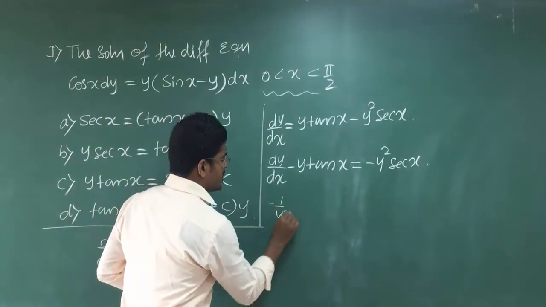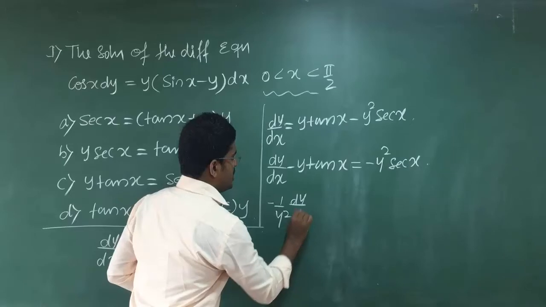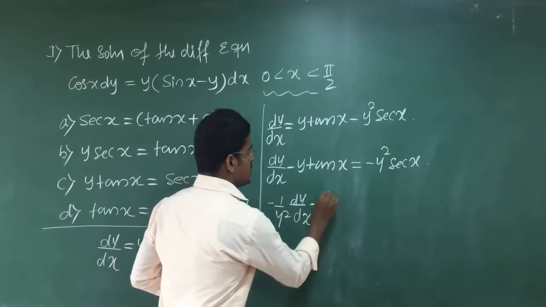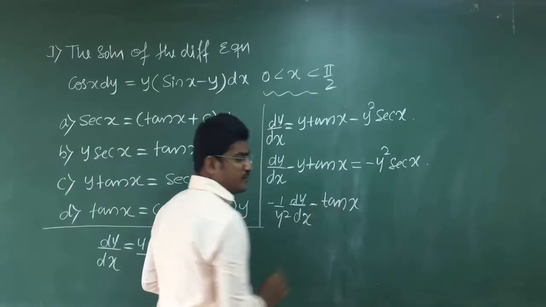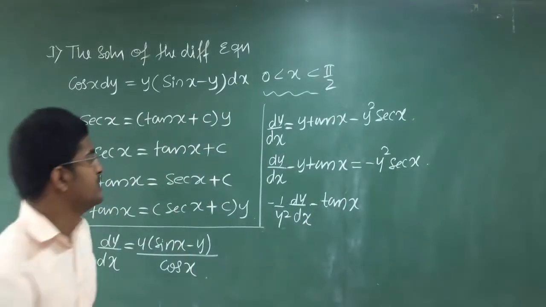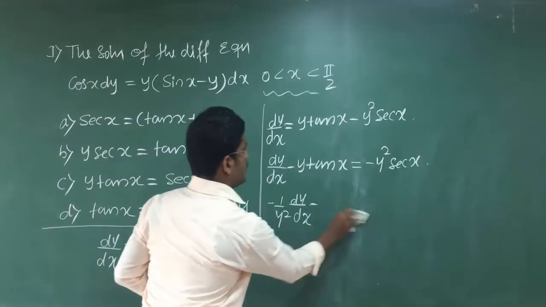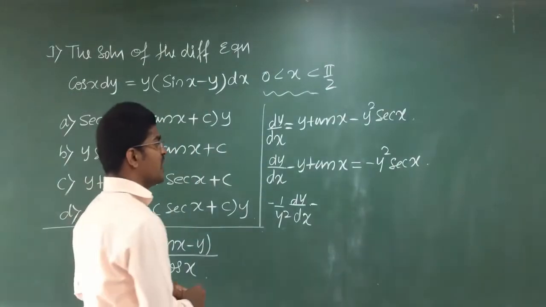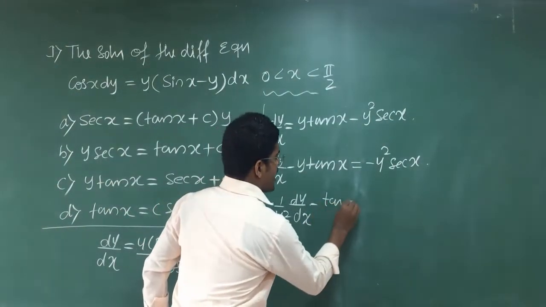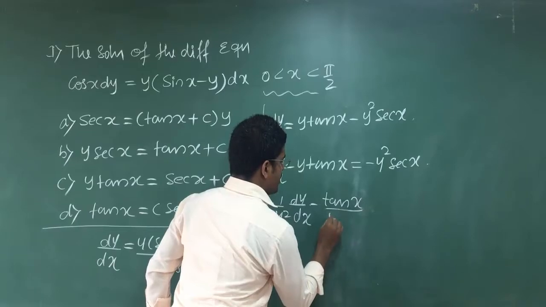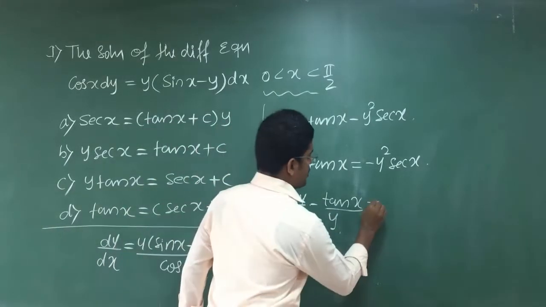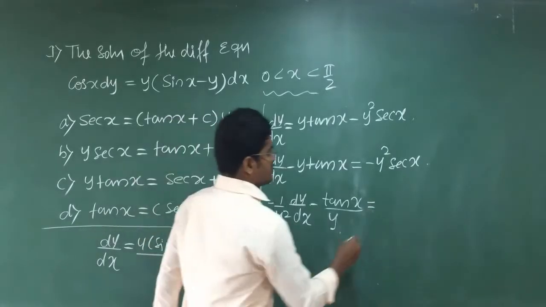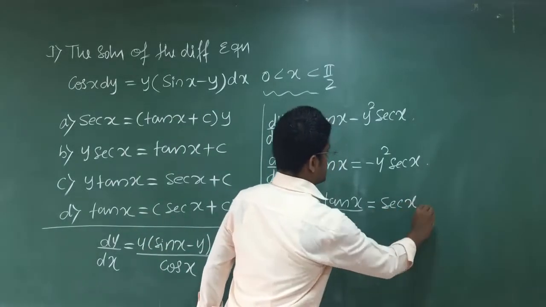If I take it on LHS, what is your equation going to be? Minus 1 by y square dy by dx minus tan x divided by y, because y and y will cancel, remaining with 1 by y. This will be equal to sec x.